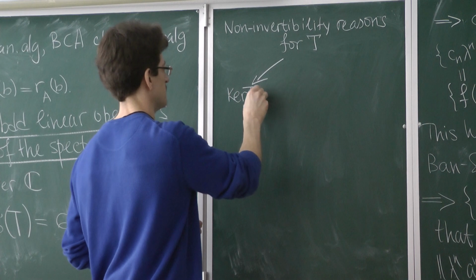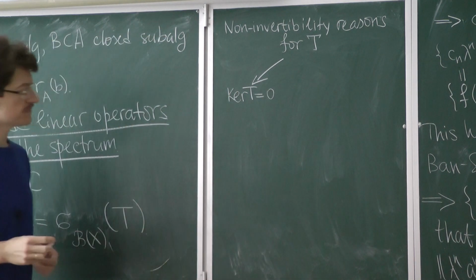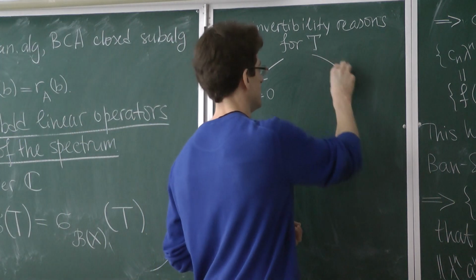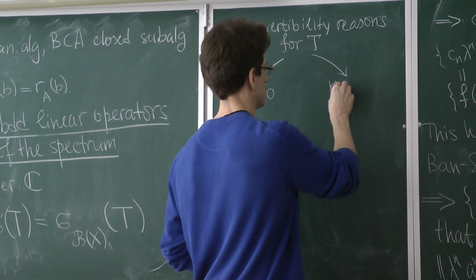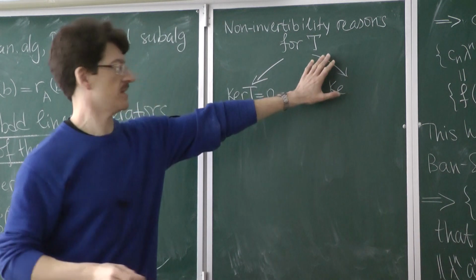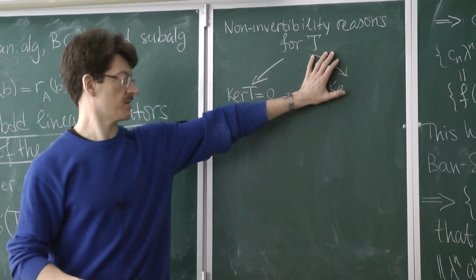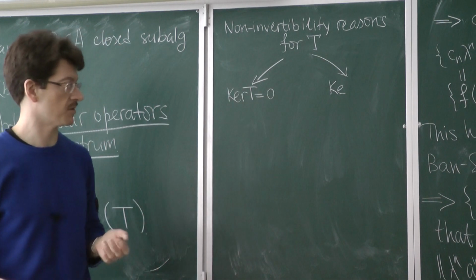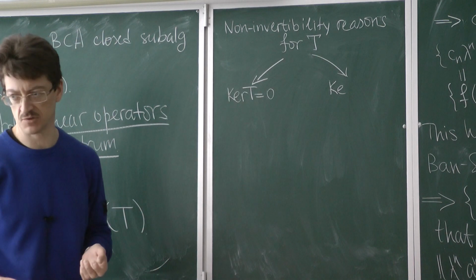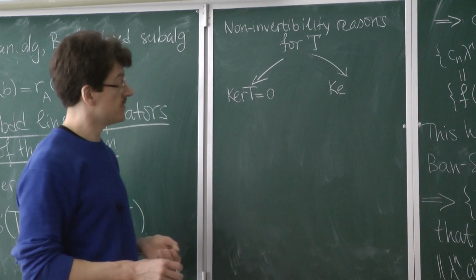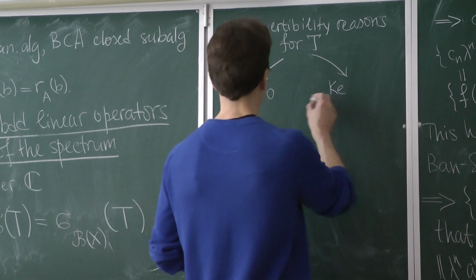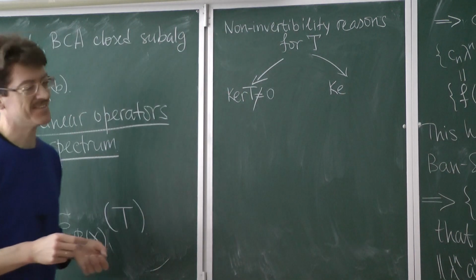This is the first possibility. On the other hand, it can happen that the kernel of T is trivial. By the way, in the finite dimensional case, this is the only possibility, because in the finite dimensional case, we know that the kernel is trivial if and only if the operator is invertible. But in the infinite dimensional case, it can also happen that the kernel is non-trivial.